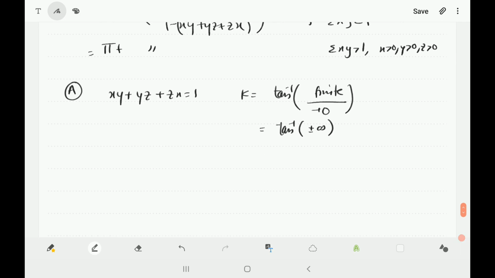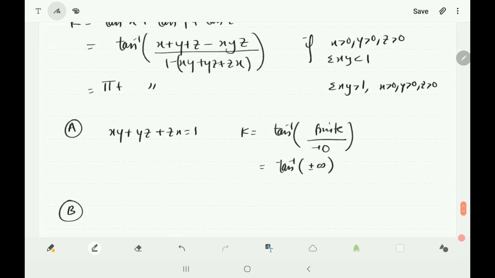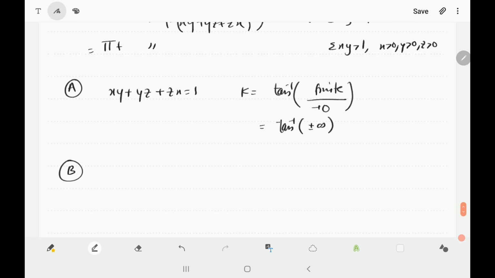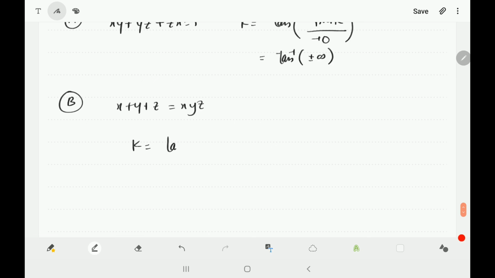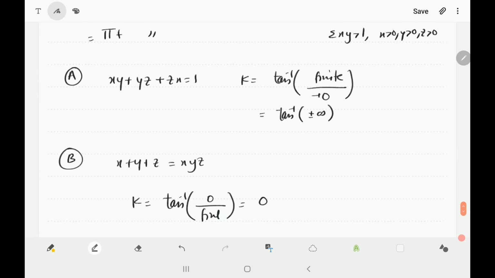Now if we move on to option B, it is given that x plus y plus z is equal to xyz. In that case we will have the numerator as 0, so it will be tan inverse of 0 divided by something finite. So we will have the answer as 0 only.